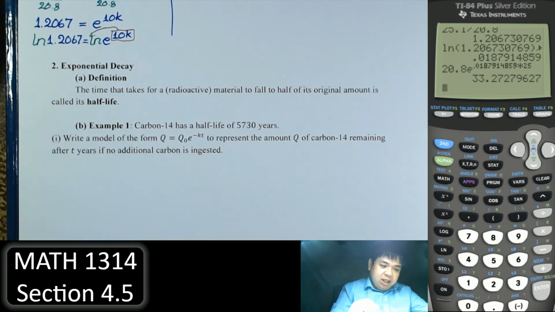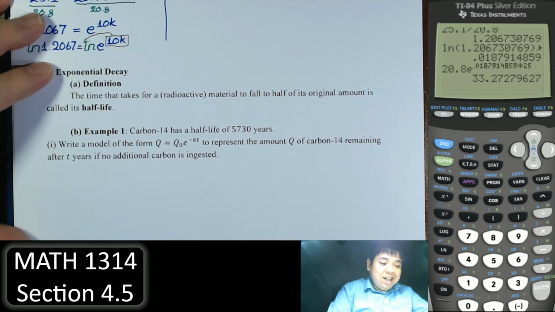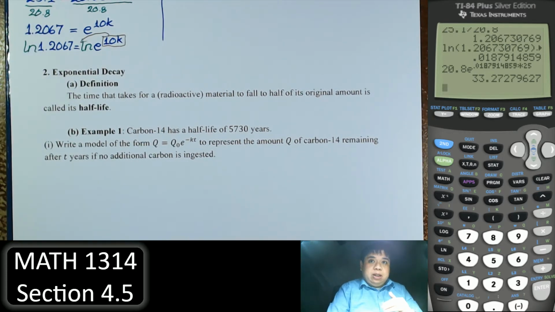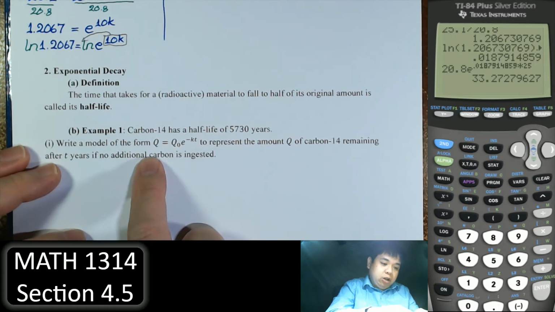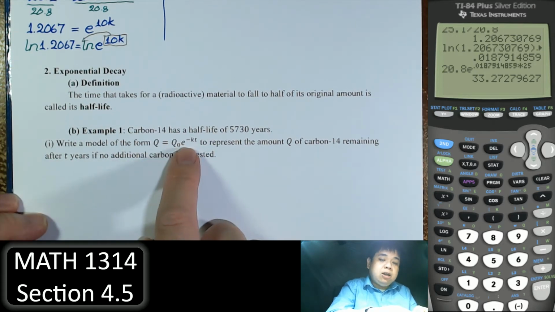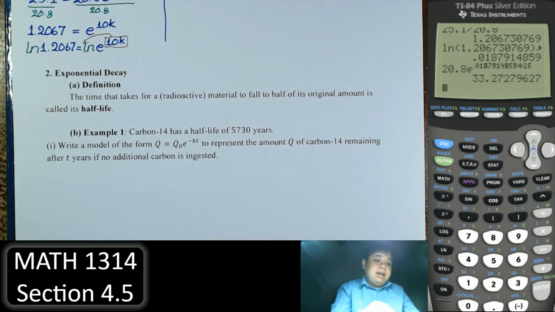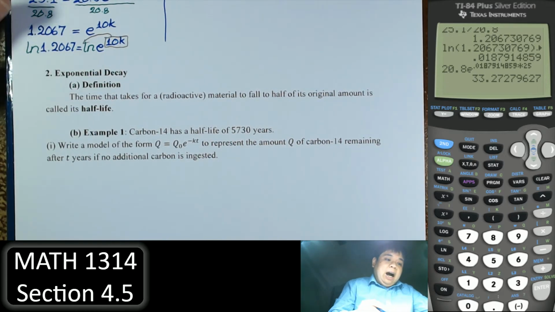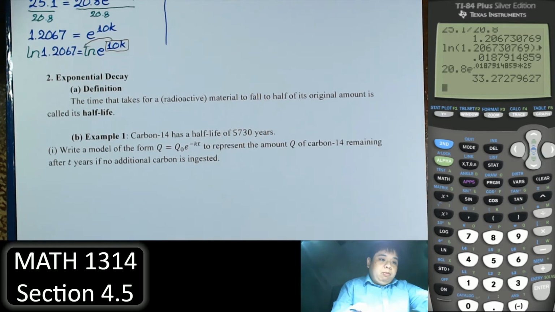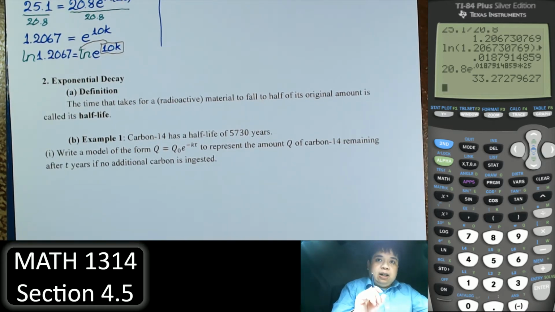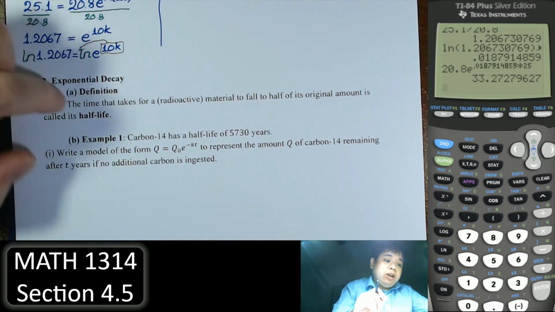What we have next is exponential decay, something that is decreasing, but still the same thing. We have initial amount, future amount, but the rate is going to be negative in this case. I will have a link in the description talking about the half-life.